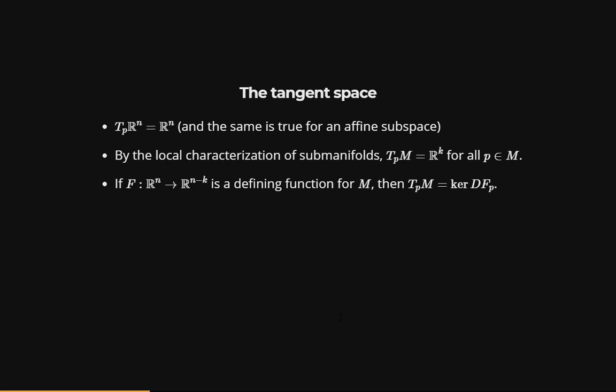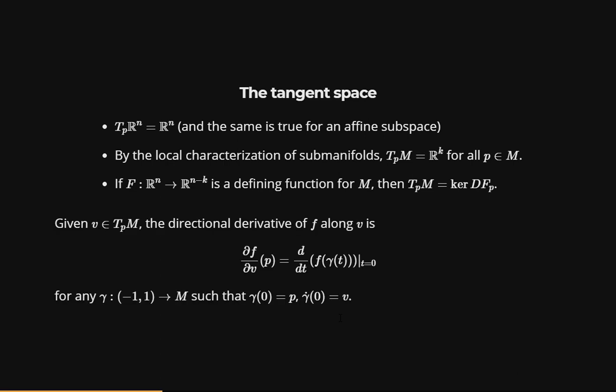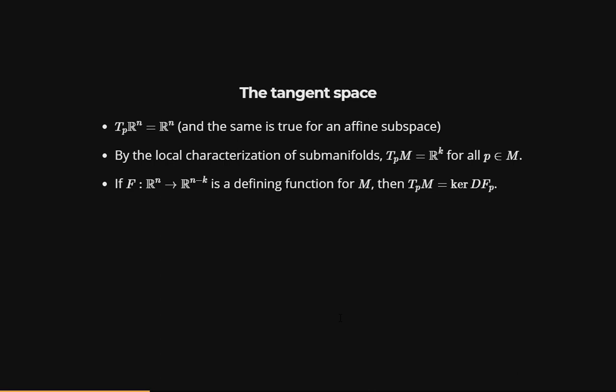Well, this third one is maybe less trivial. If you have a defining function, so a function that defines your set, for which M is the zero set of this function and the Jacobian matrix is full rank, then the tangent space is the kernel of the Jacobian matrix.